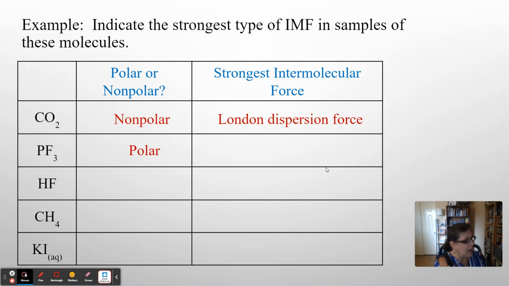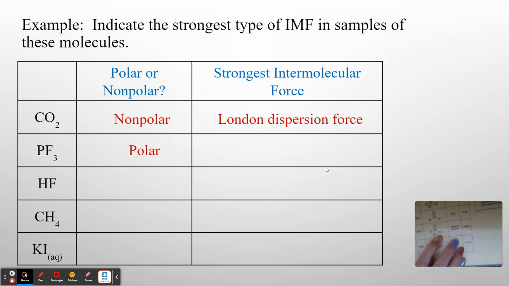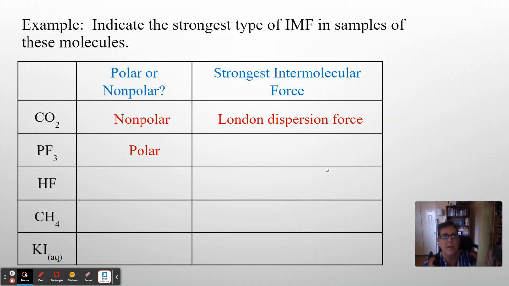If you look at your shapes table, it is the AB3E. Can you see that trigonal pyramid right there? See how there's a lone pair on top? So it is polar, AB3E. It is a polar molecule. What force goes with polar molecules? You're correct if you said dipole-dipole.